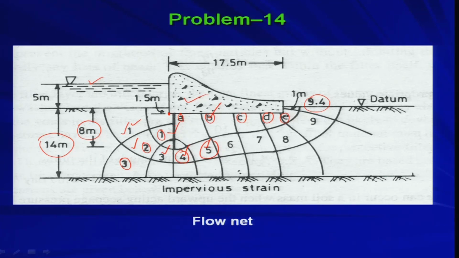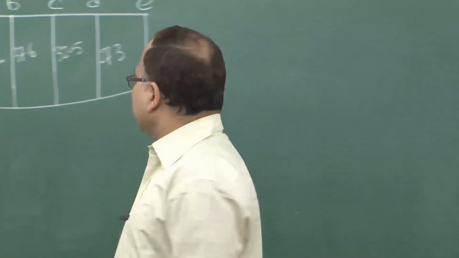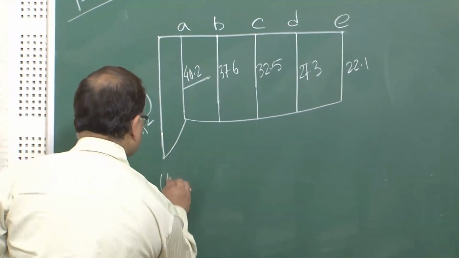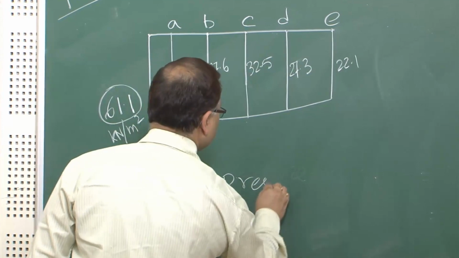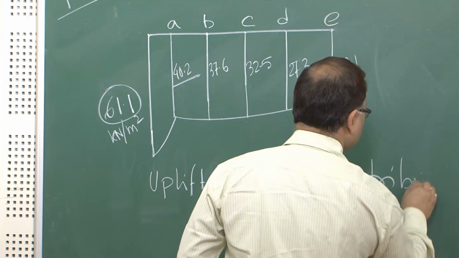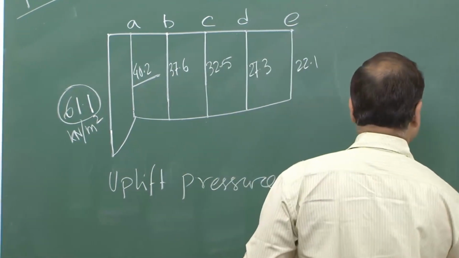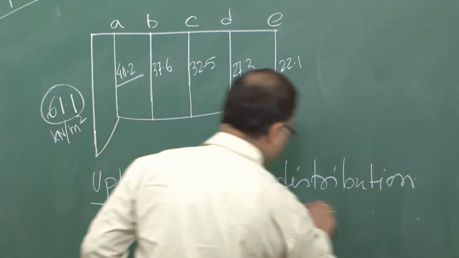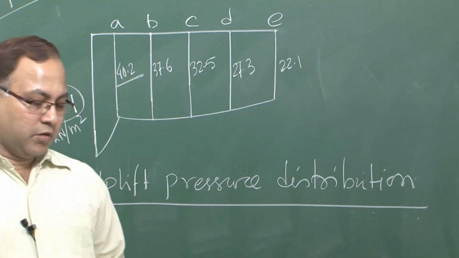Why is this cutoff provided? This cutoff will significantly reduce the uplift pressure at the base of the hydraulic structure. So, this is your uplift pressure distribution plot. Okay. I hope that you have understood the whole problem.